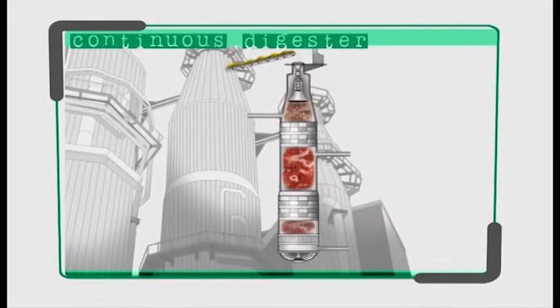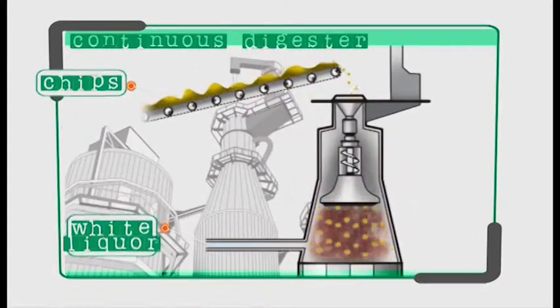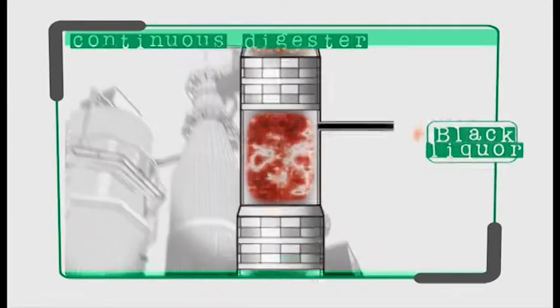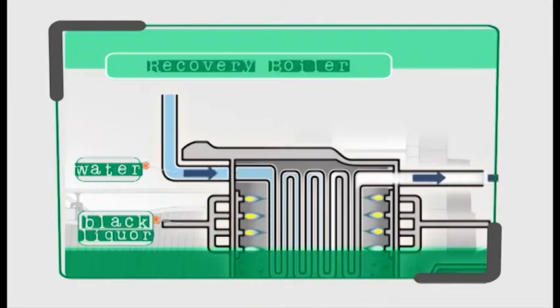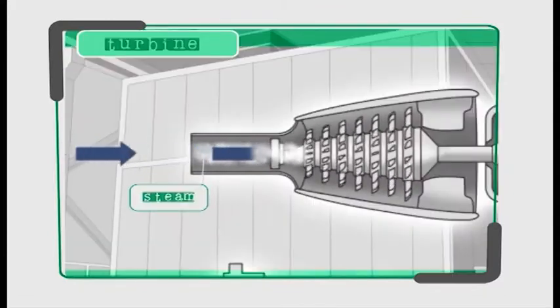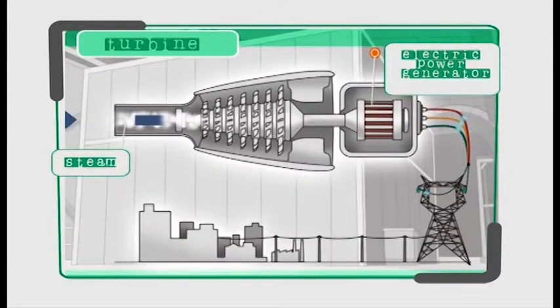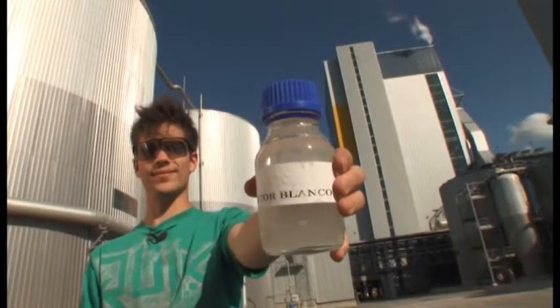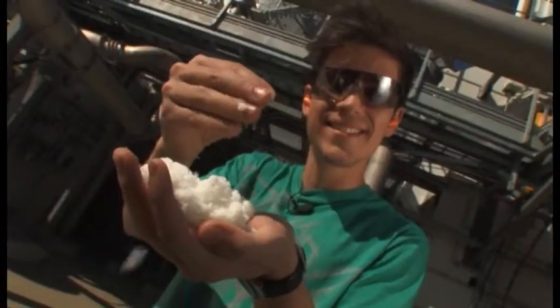In conclusion, wood is cooked in the continuous digester with white liquor. The resulting black liquor residue is used as fuel in the boiler to generate electric energy for the mill. The remaining black liquor at the bottom of the boiler is recycled to obtain white liquor again and continue with the process.